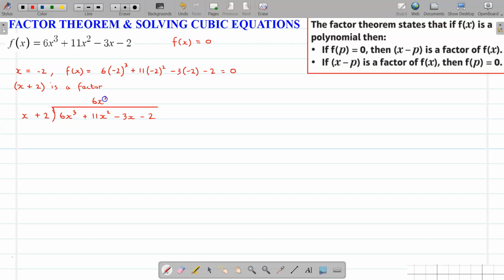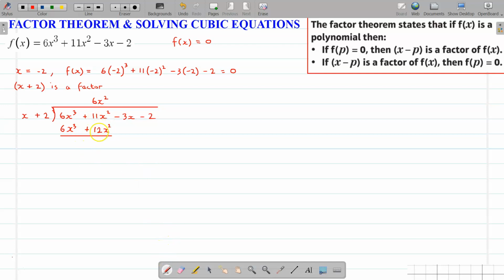You can write that there or there. It doesn't matter as long as you move along one place each time. 6x squared times x plus 2 gives me 6x cubed and 12x squared. So I write that underneath like that, and then I do a subtraction. Okay, so this is algebraic long division.